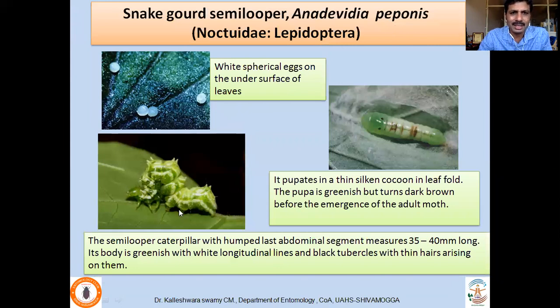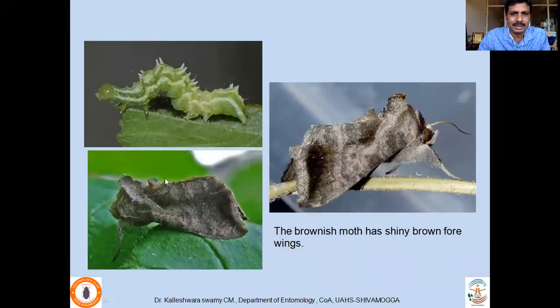They are greenish, with five whitish lines running all along the body. They are semiloopers and act as defoliators. There is a hump on the last abdominal segment like this. So this is the adult of Anadevidia peponis, a Noctuid moth.